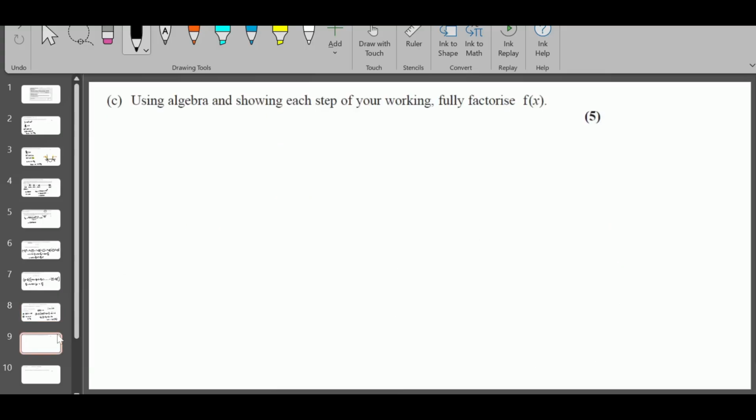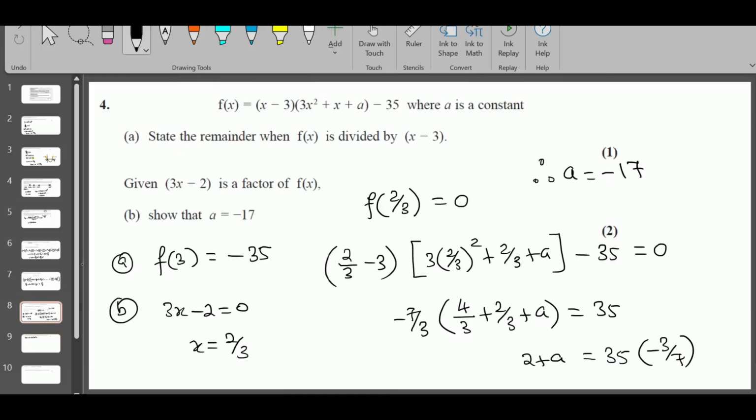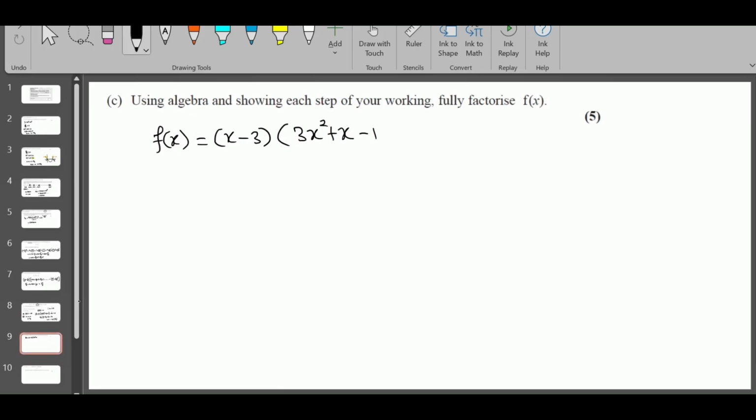That's all. Part C now. Using algebra showing each step of your working, fully factorize f of x. F of x is basically x minus 3 times 3x squared plus x plus a. We know a is minus 17, minus 35. So we are going to write it in standard form by opening the bracket.